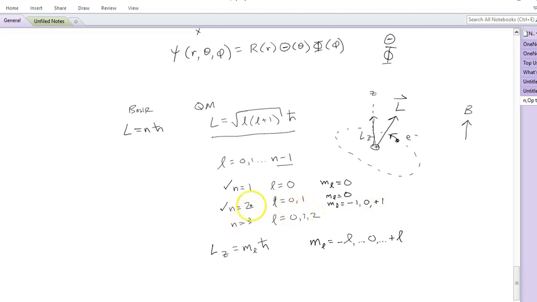So we actually could have a state that has n equal 2, L equal 1, m sub L equal minus 1. Or we could have a state n equal 2, L equal 1, m sub L equal 0. Or we could have a state n equal 2, L equal 1, m sub L equal plus 1. Okay, so, wow, there are a lot more states now that are predicted by quantum mechanics than Bohr's model. Okay, yes, that is true.